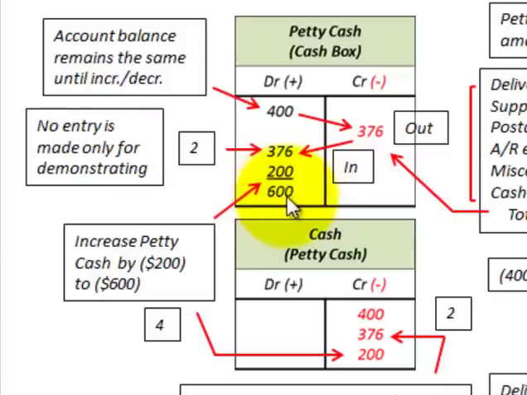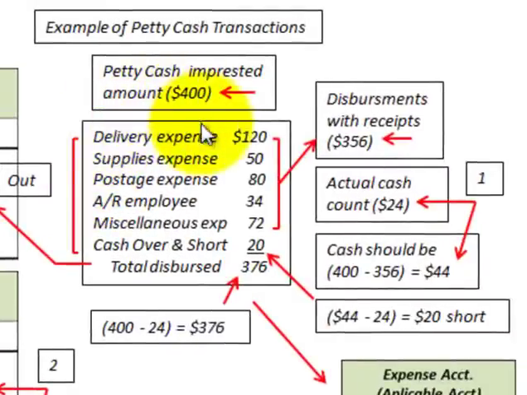Now, if we had too much petty cash, we would go in and credit our petty cash account, and then we'd be debiting or increasing our regular cash account. So this is an example of how we'd handle our petty cash fund with some typical disbursements that we make.